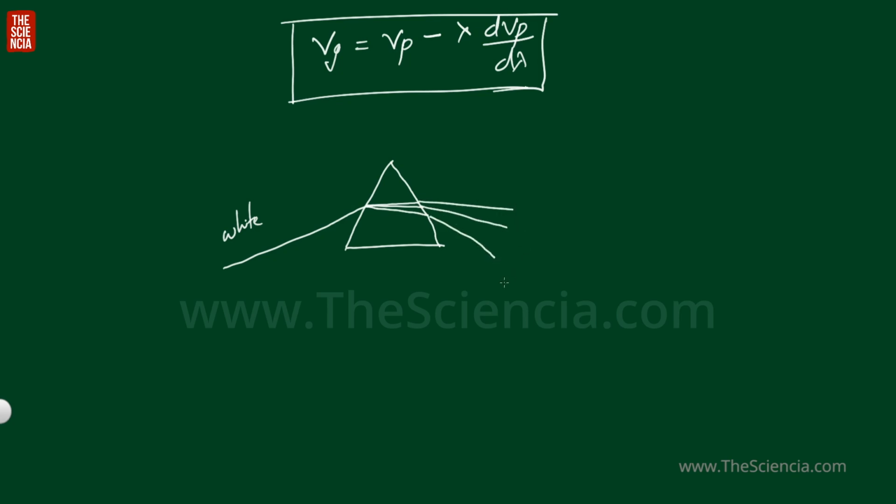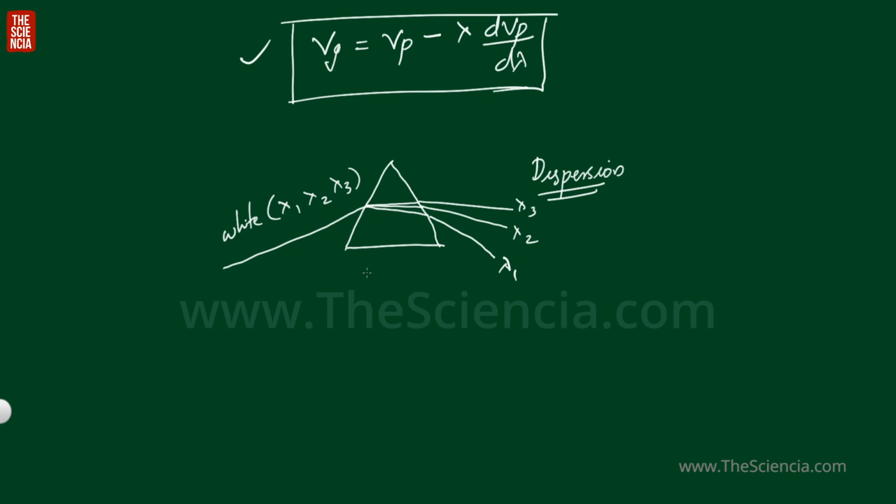And we call this phenomenon dispersion. Right? So from this idea itself, the name came, that is dispersion relation. See, these are waves of different wavelength, lambda 1, lambda 2, lambda 3. And this white light consists of all these wavelengths. Right?